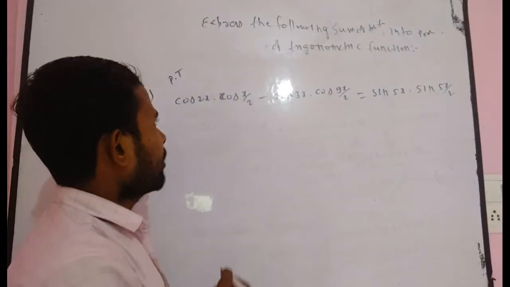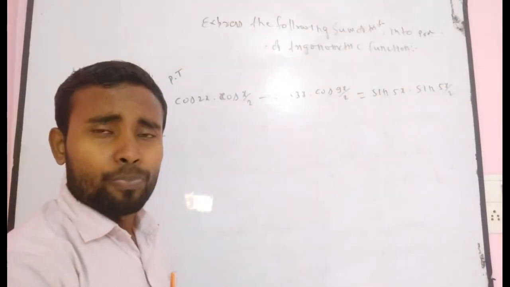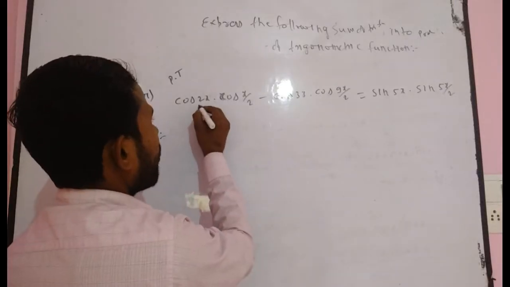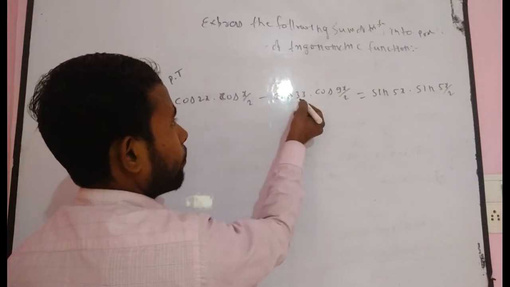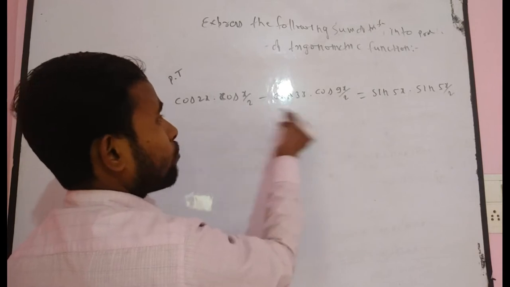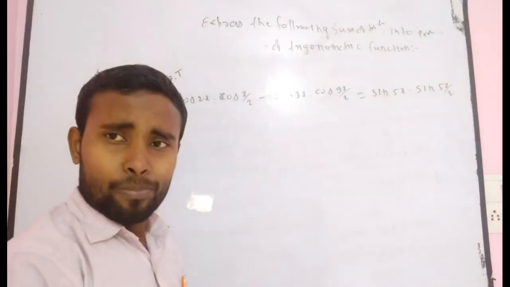From this example, can you use the compound angle formula here? No, because there should be cos a into cos b, and then definitely there will be sin a into sin b. There is no formula in terms of completely cos.